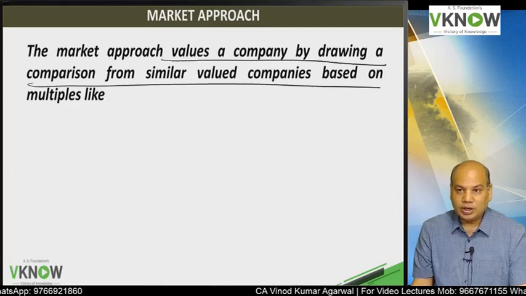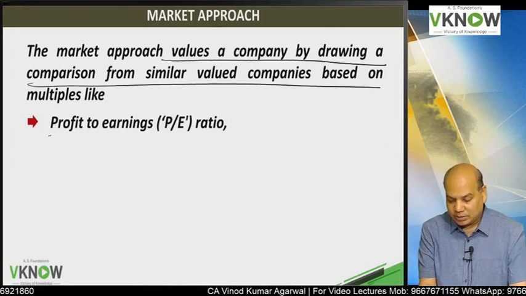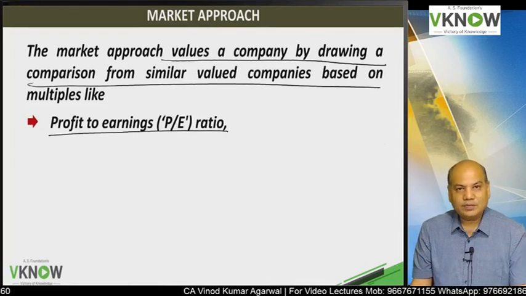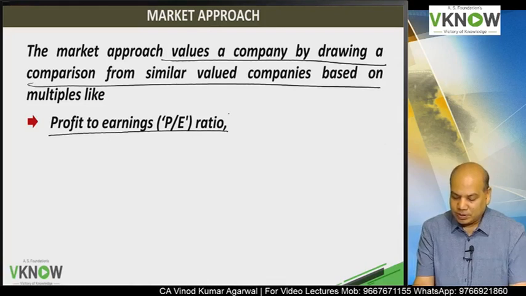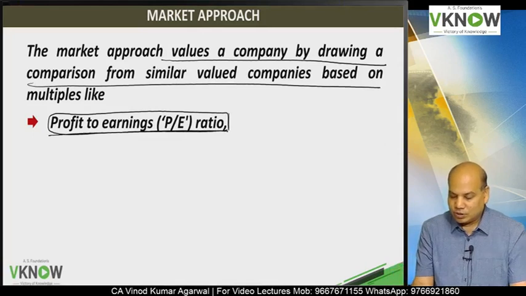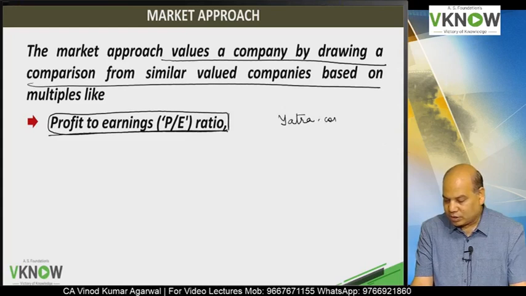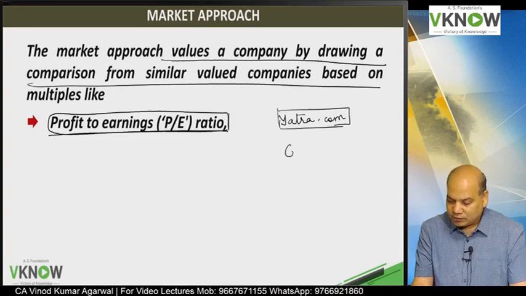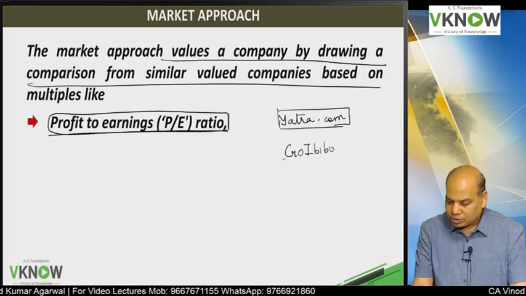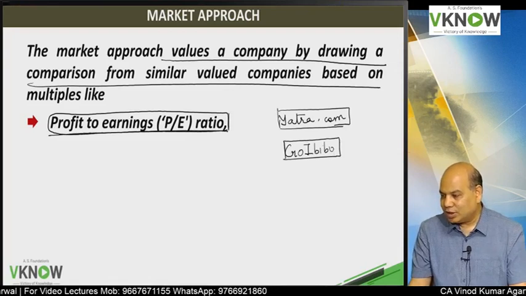Sometimes you may or may not get a comparable company. If the comparable company is a listed company, then your life is easy. Okay, if your comparable company is listed, your life is going to be easy. Let's say for example, yatra.com has got listed, and there may be another company, let us say Go Ibibo. They are all into hotel booking, airline booking, bus booking, train booking, holiday booking.